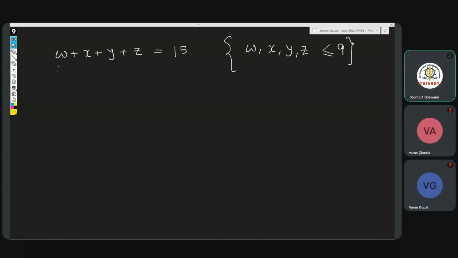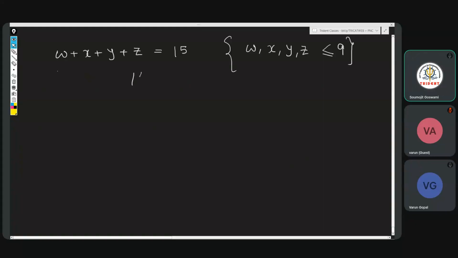Acha, just tell me one thing. Had the condition that w, x, y, and z are less than or equal to 9 not been there, the answer would have been very simple. It would be 18C3.